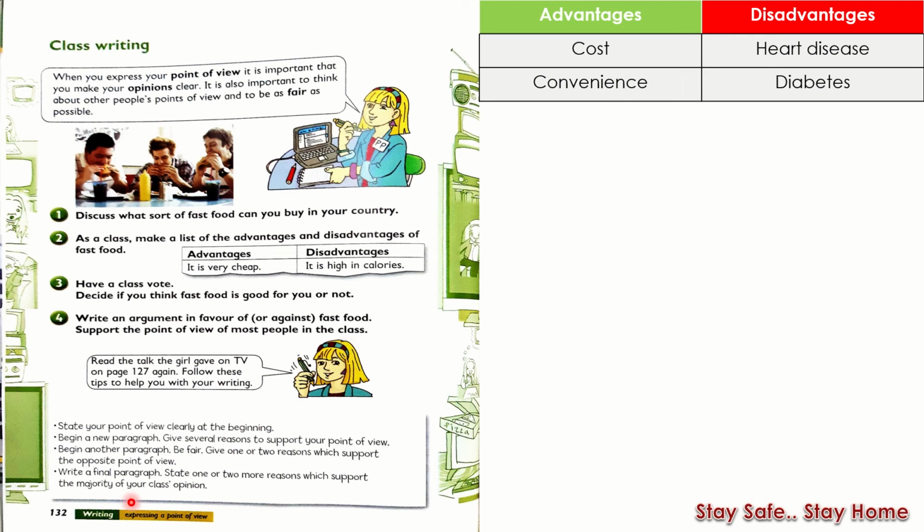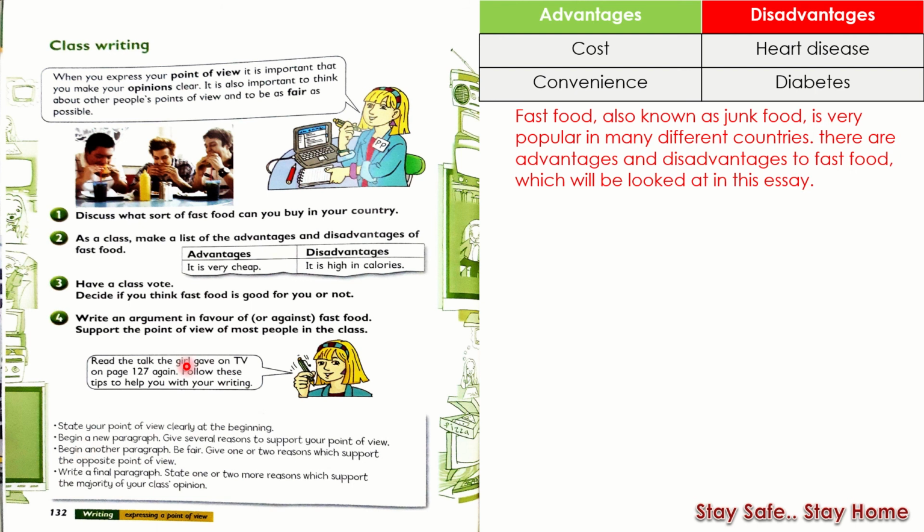So let's see, guys, what are the steps. Look at those steps. Those are the tips that will help you write your opinion essay. First, state your point of view clearly at the beginning. Fast food, also known as junk food, is very popular in many different countries.